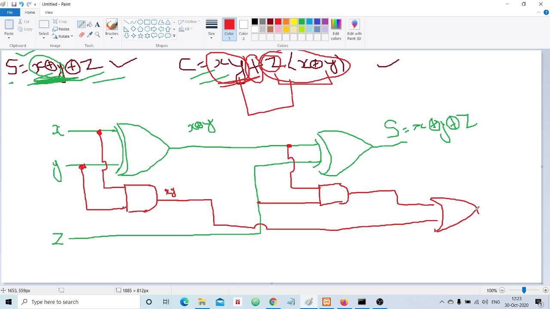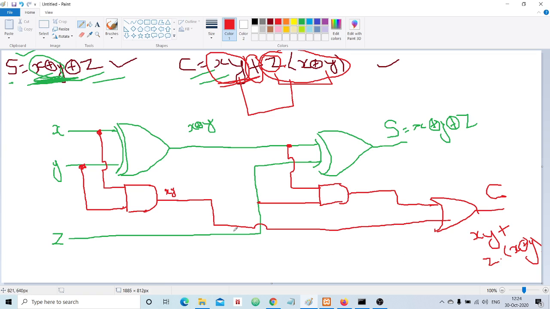So an OR gate should be used to get carry as the output, which is given by xy plus z ANDed with x XOR of y, right? So this will be the logic diagram for the full adder. Clear? Okay, and you are almost done.